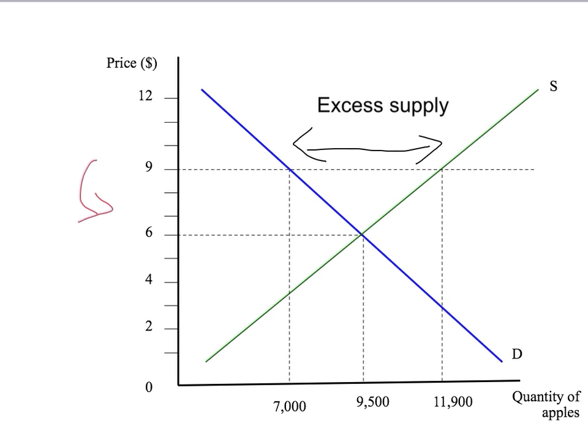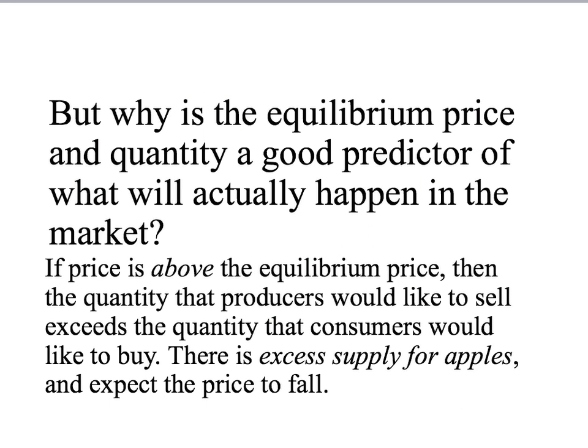At any higher price than $6 per kilogram for apples, you will have a situation of excess supply, and by our dynamic assumption, you will expect the price to fall. So, if the price is above the equilibrium price, then the quantity that producers would like to sell exceeds the quantity that buyers would like to buy. There is an excess supply for apples, and we expect the price to fall.